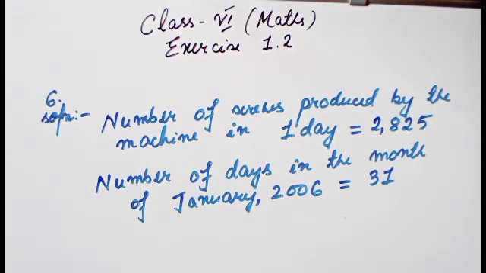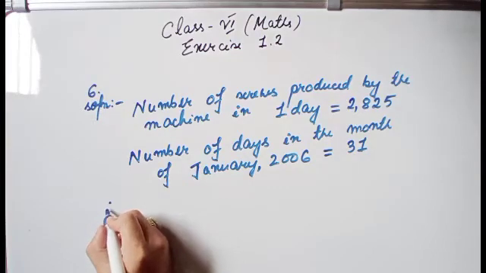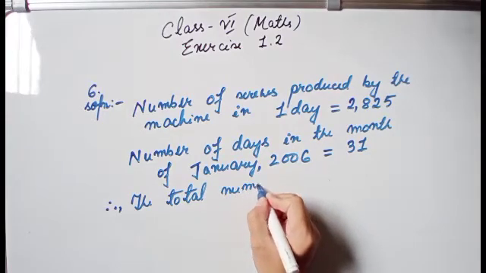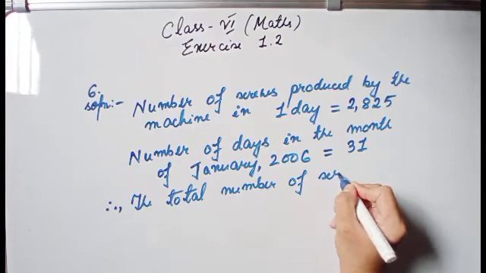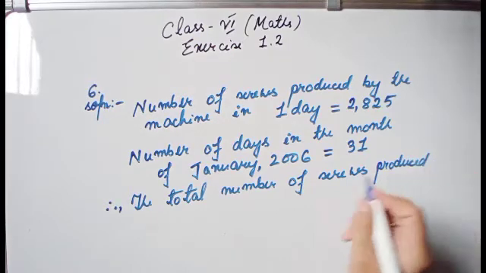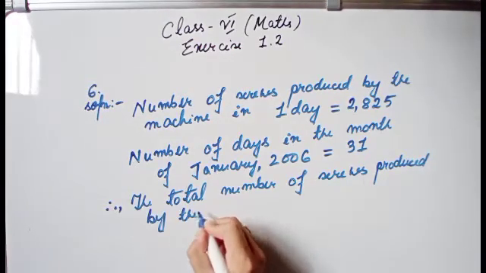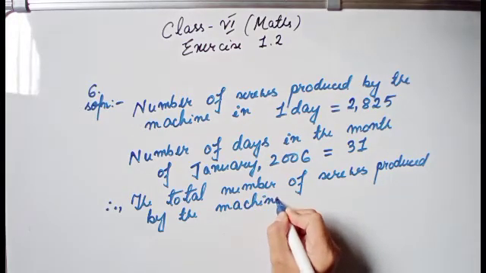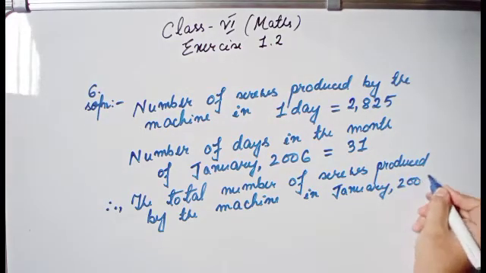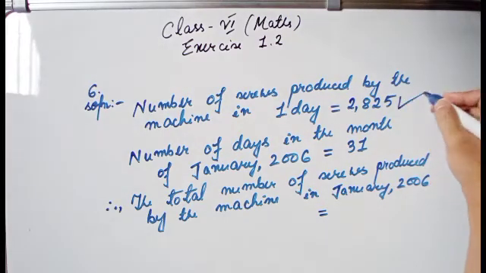Okay, students. So next, what we have to write: therefore, the total number of screws produced by the machine in the month of January 2006 equals, so this is the number of screws produced in one day, right?